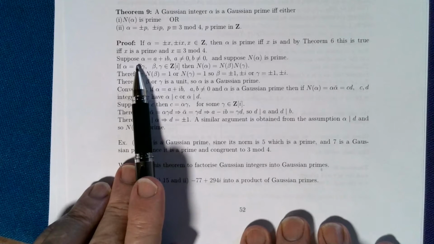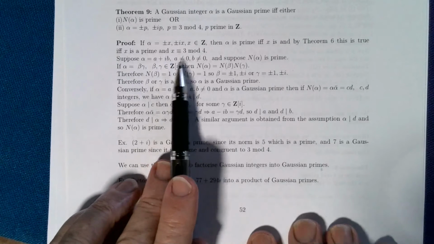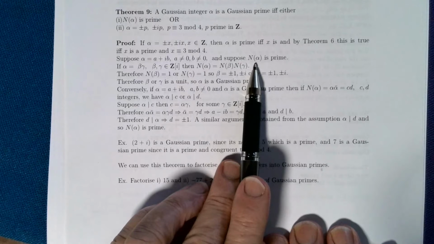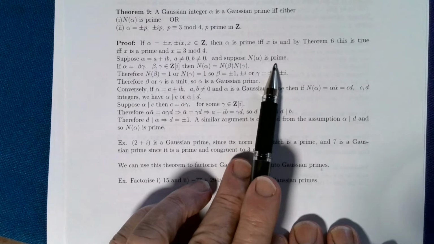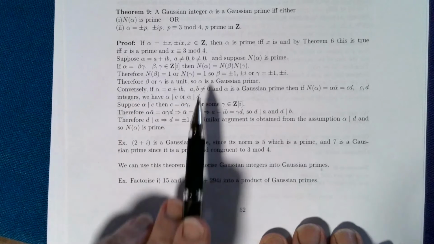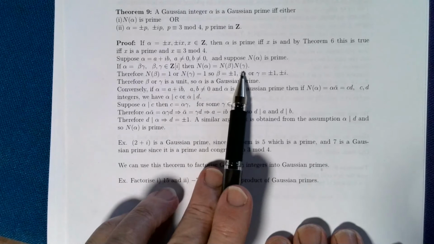So suppose alpha is a plus ib, where neither of these numbers is 0, and suppose the norm of alpha is prime. Then I want to show that alpha is a Gaussian prime. So suppose it factorizes in the usual way, alpha equals beta gamma. Then we can apply norms to both sides.